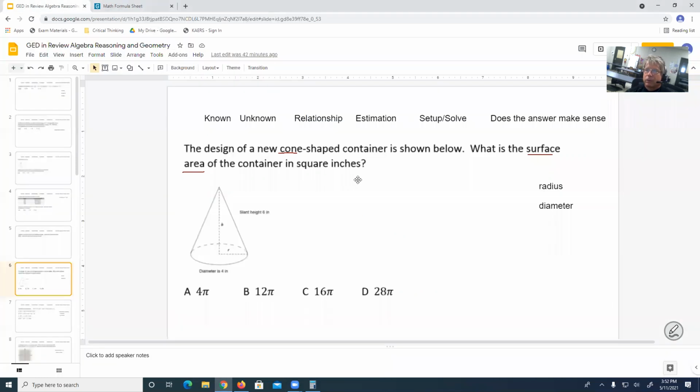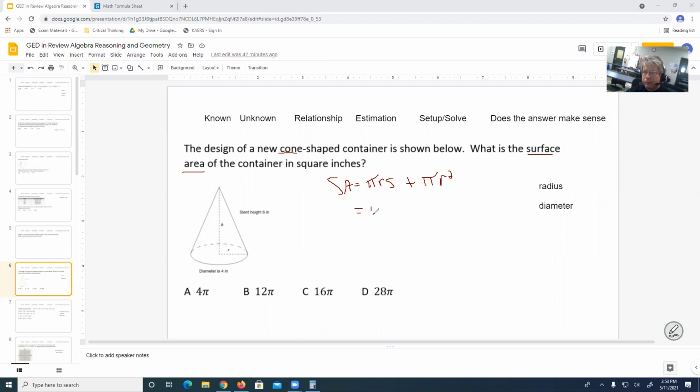So if I write that down, the surface area is going to be pi r s plus pi r squared. Now, looking at the answers, pi is still left in the answer, so I don't have to change pi to 3.14.